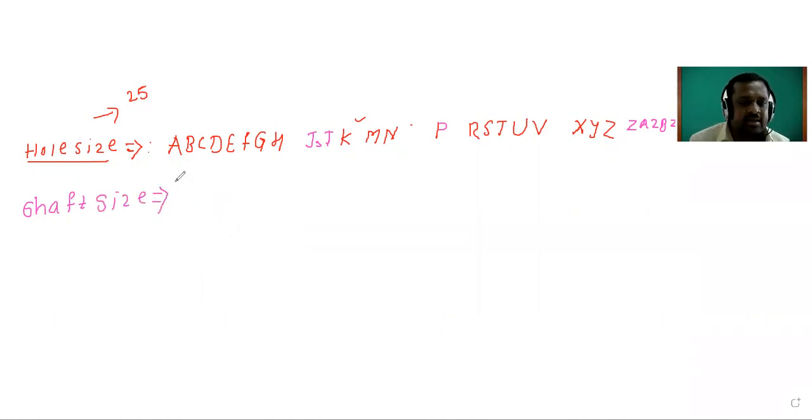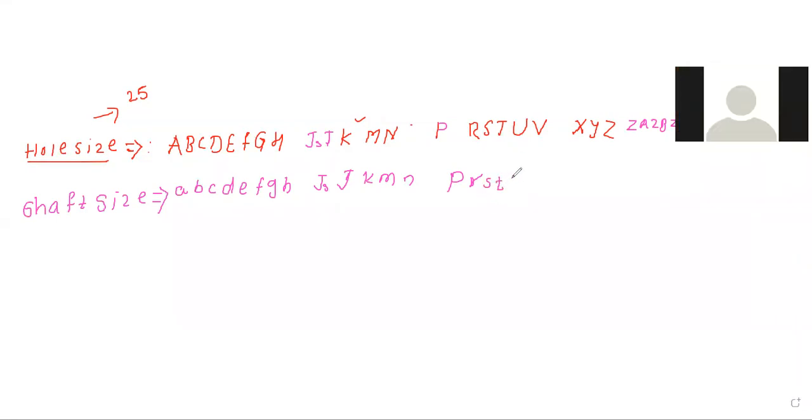A, B, C, D, E, F, G, and H. Then second, it will be like this: J, K, M, then P, R, S, T, U, V, X, Y, Z, ZA, ZB.